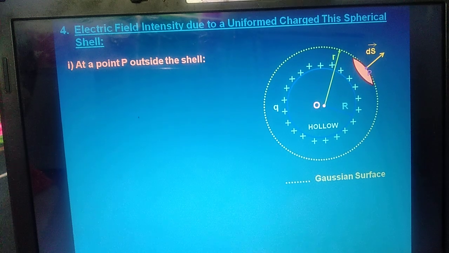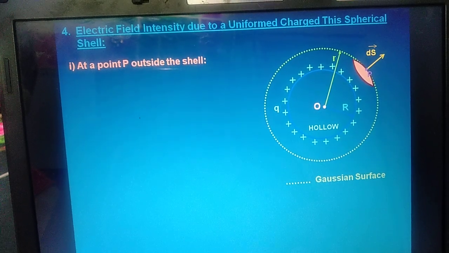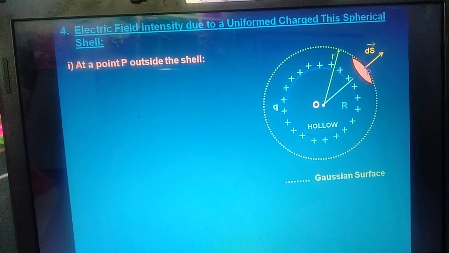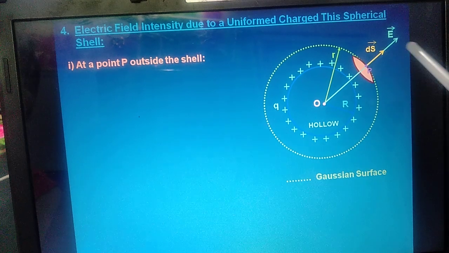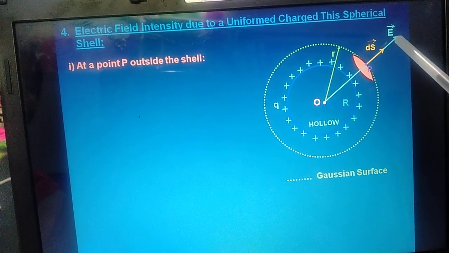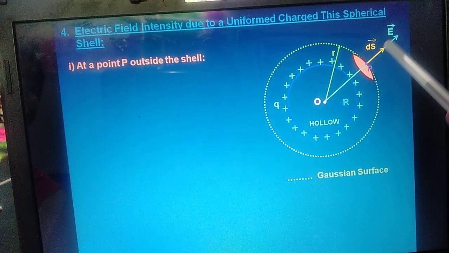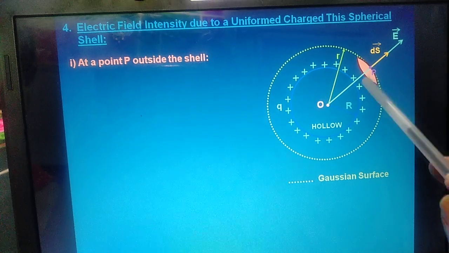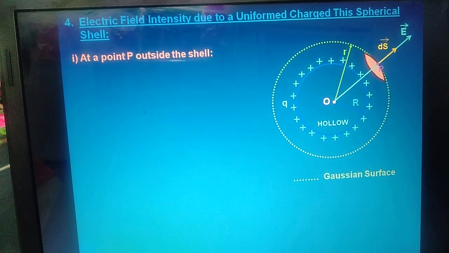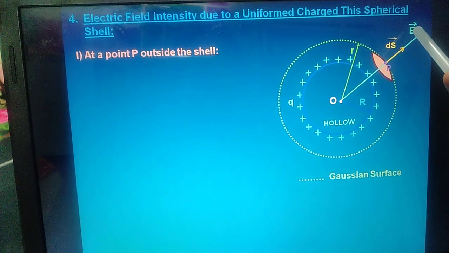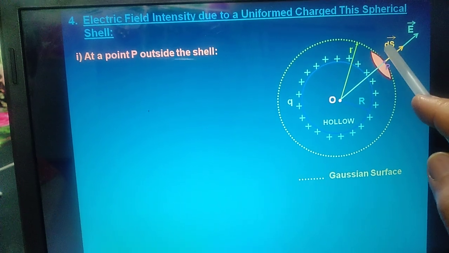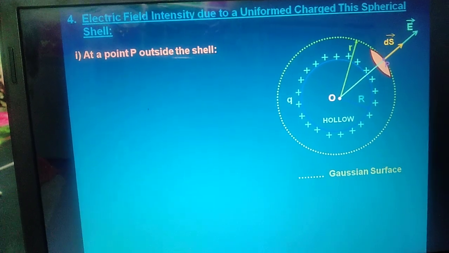Imagine your tennis ball, and now see the direction of the electric field. Again the electric field and ds both are going in the same direction, so the angle theta between the electric field and the area vector is equal to 0.